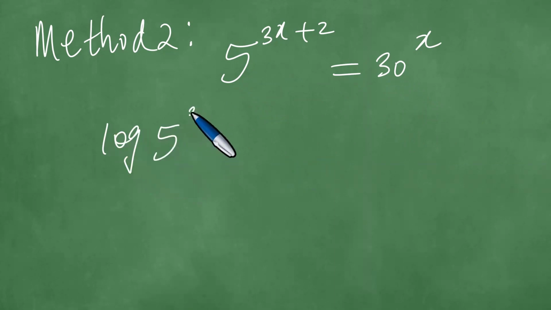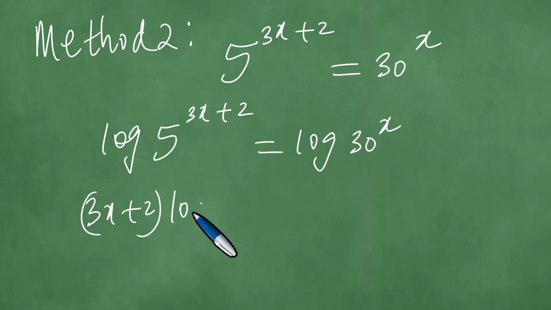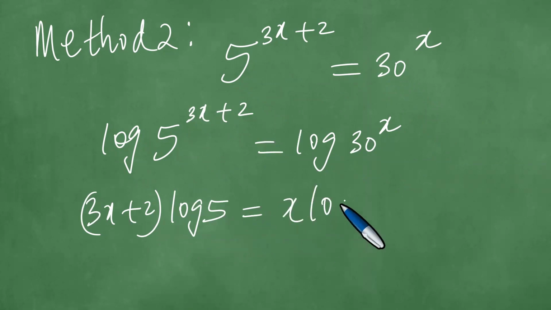The log of 5 to the power 3x plus 2 equals the common log of 30 to the power x, meaning we have 3x plus 2 times the log of 5, which is x log 30.